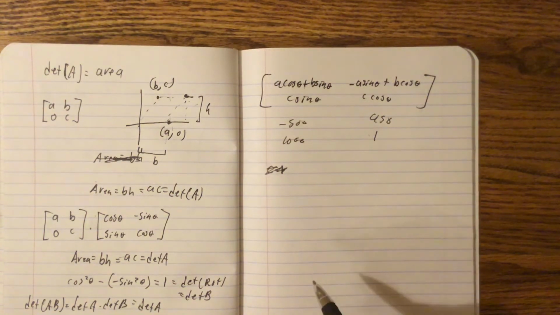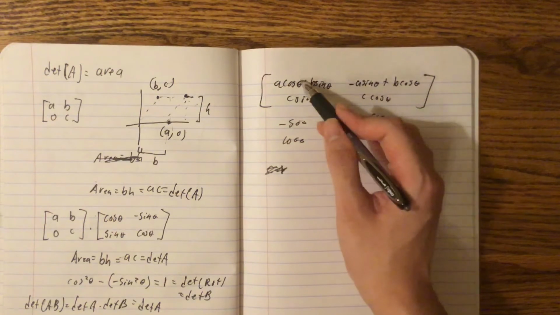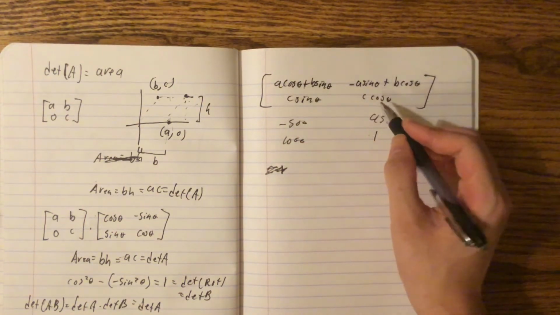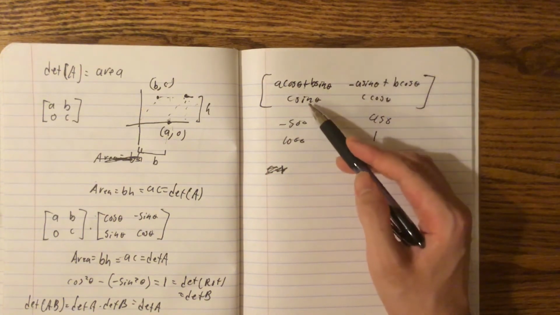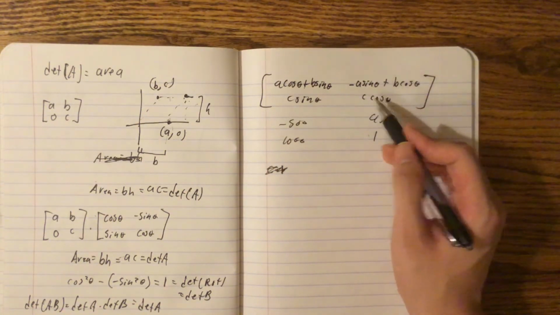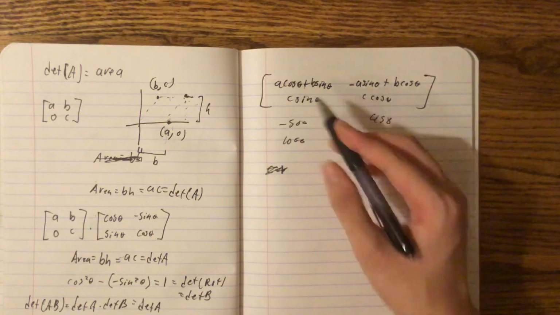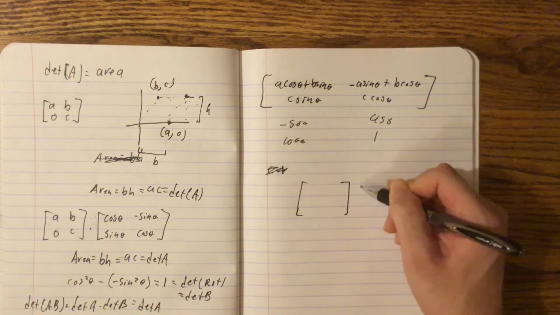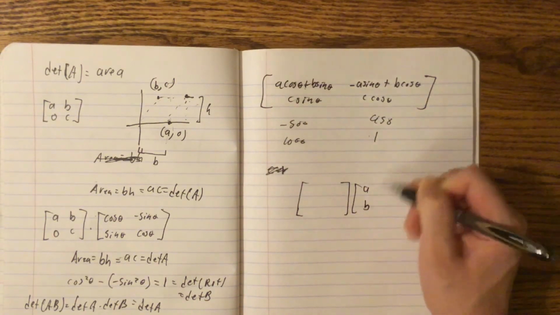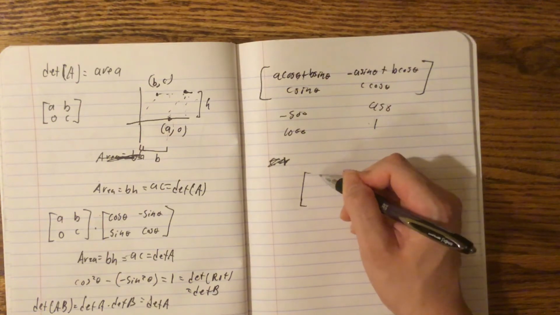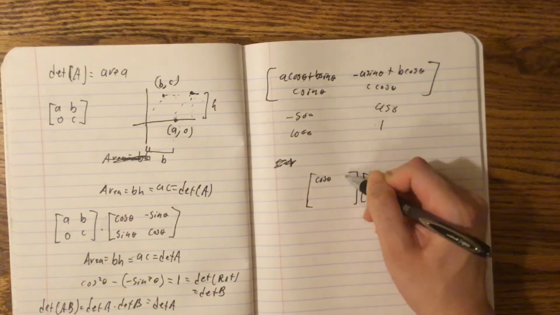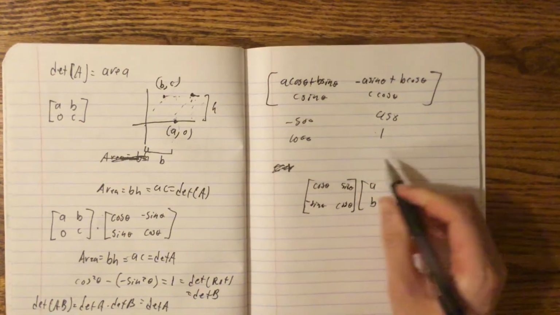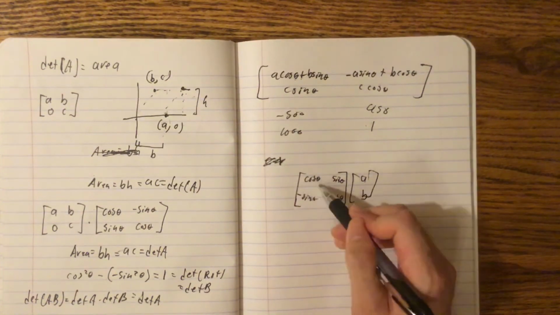And now we need to prove that this term here does not depend on that term. So let's say we decided on a value of theta and a value of C. That means cos theta and sine theta are constant and C is a constant. So we can just do a matrix here where this is A and this is B, and we look here, it's just cos theta, sine theta, negative sine theta, cos theta. And this matrix right here is an independent matrix.